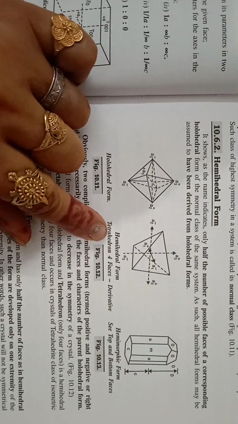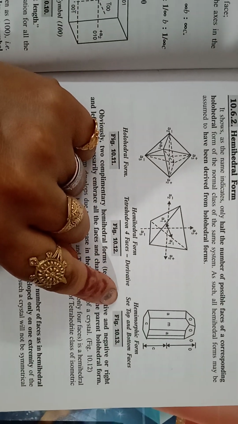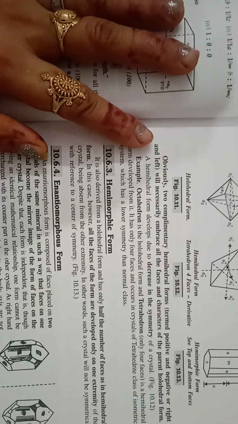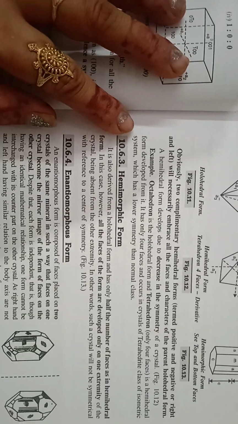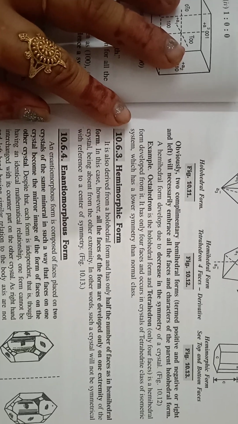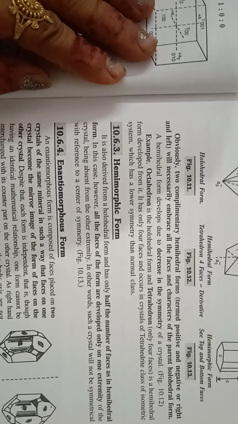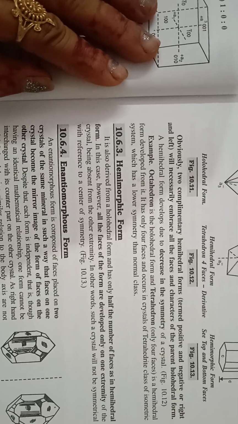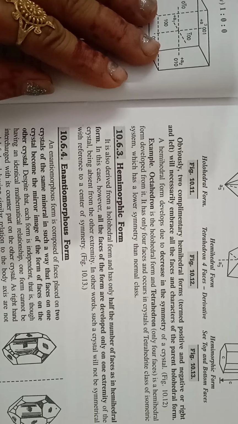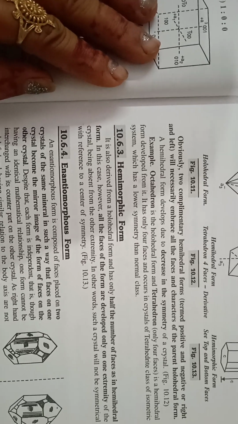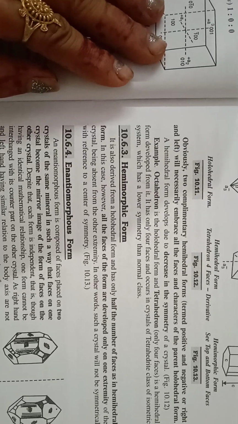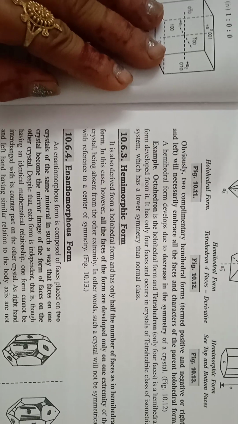Holohedral forms and hemihedral forms, tetrahedrons and four-faced derivatives, and hemimorphic forms have top and bottom faces. Obviously, two complementary hemihedral forms, termed positive and negative or right and left, will necessarily embrace all the faces and characters of the parent holohedral form.